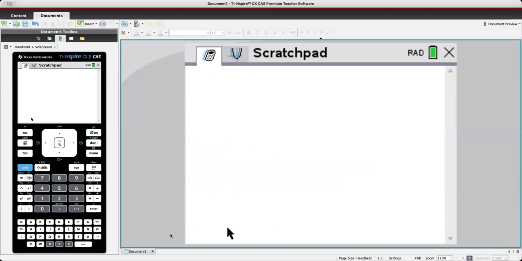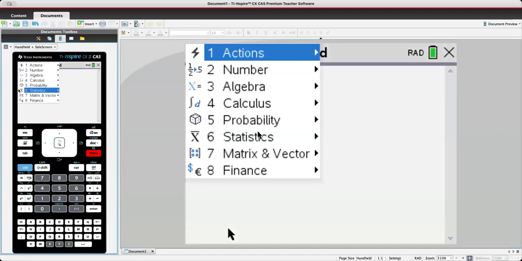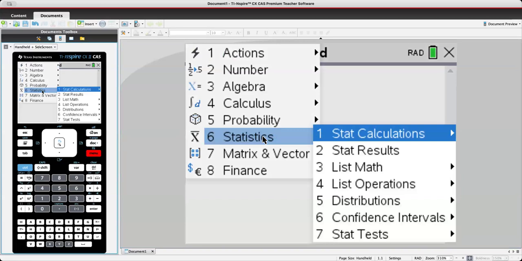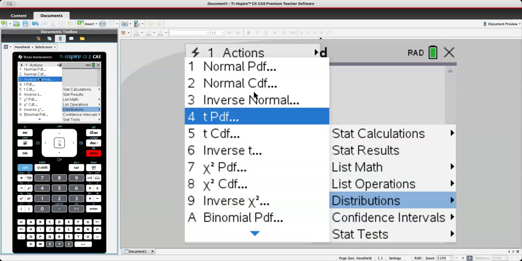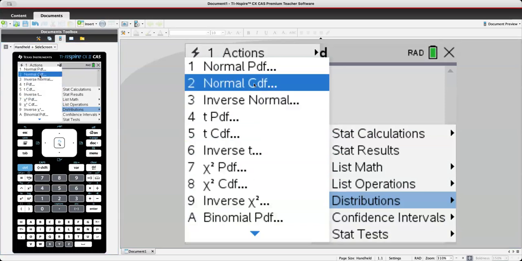Go to the scratch pad on your calculator, and the scratch pad is right here between escape and tab. From the scratch pad, I'm going to go to menu, and then statistics. Then I want to go down to option number 5, which is distributions, and then choose option 2, which is normal CDF.